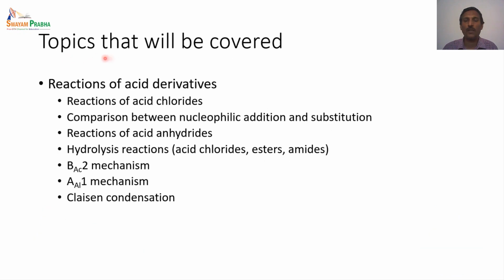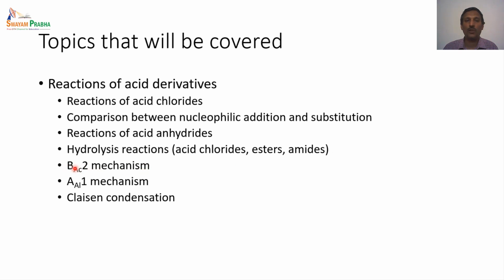Let us look at the topics that will be covered in this particular session. So we will be studying about reactions of acid derivatives, mainly the reactions of acid chlorides and the comparison between nucleophilic addition and the substitution reactions. We will also be studying about the reactions of acid anhydrides and the various hydrolysis reactions of acid chlorides, esters and amides.